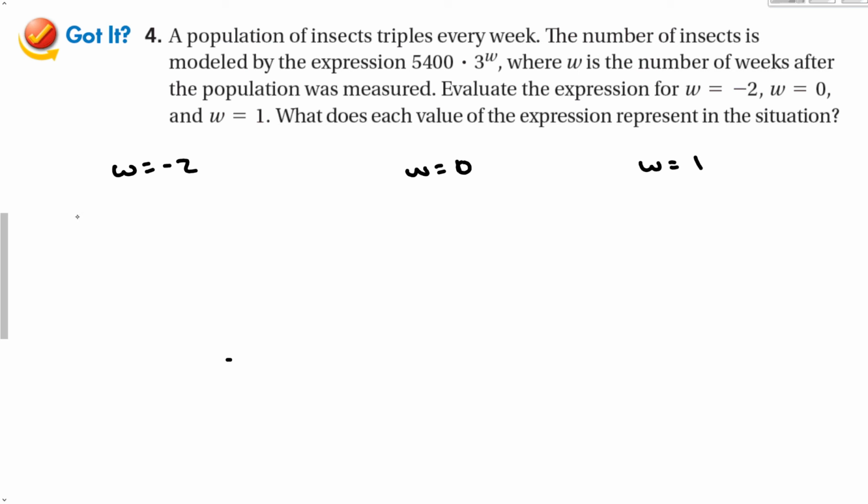Let's not write the whole function here. We have 5,400 times 3 to the -2, which is 5,400 times 1 over 9, which is 600. Let's just do them all real quick, and then we'll talk about what they mean.